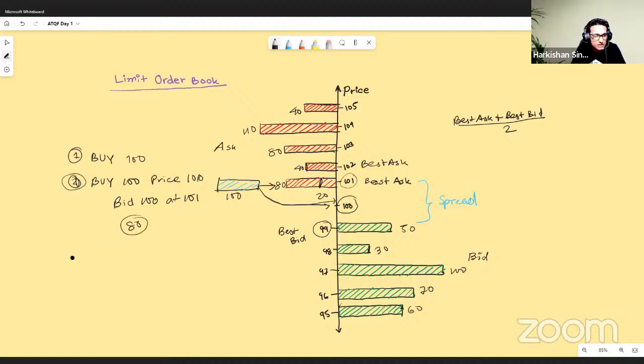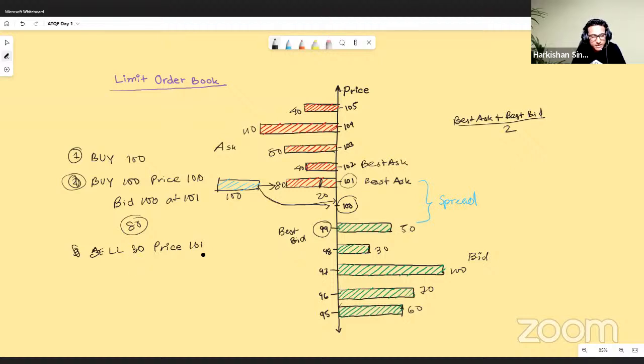Suppose a third guy comes and says, okay, I want to sell 30 quantities at a price. Suppose he mentions the price 101.